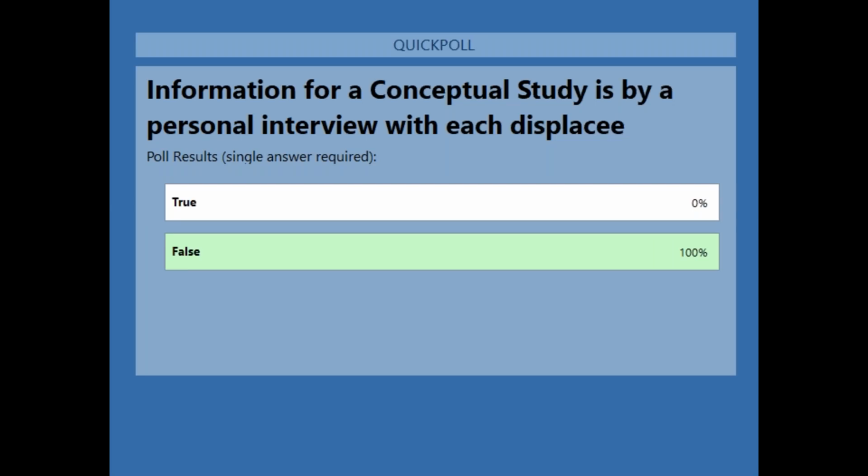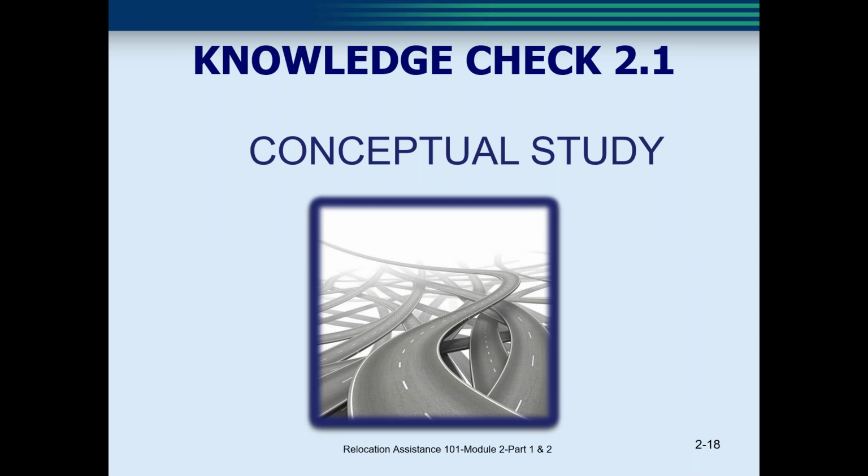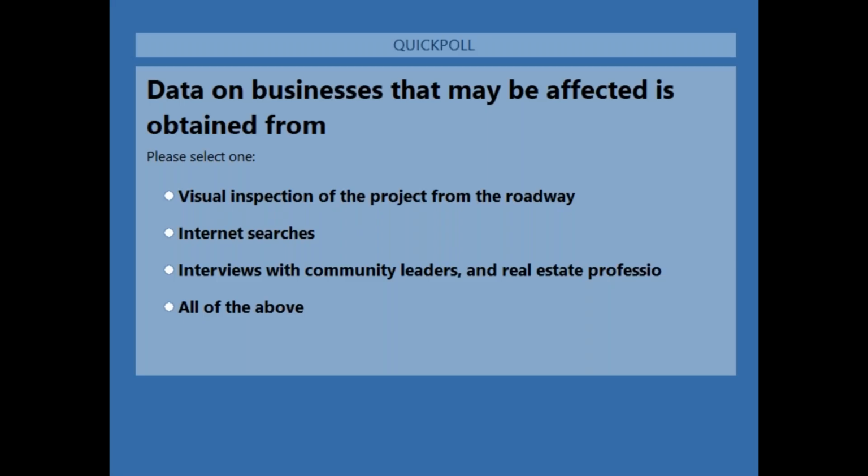That's right. We do not disturb, knock on doors, or walk into businesses of anyone who is a potential to be displaced, because by the time they get to the final alignment, chances are you start out with 200, you end up with 50. Okay, ready for question number 3.